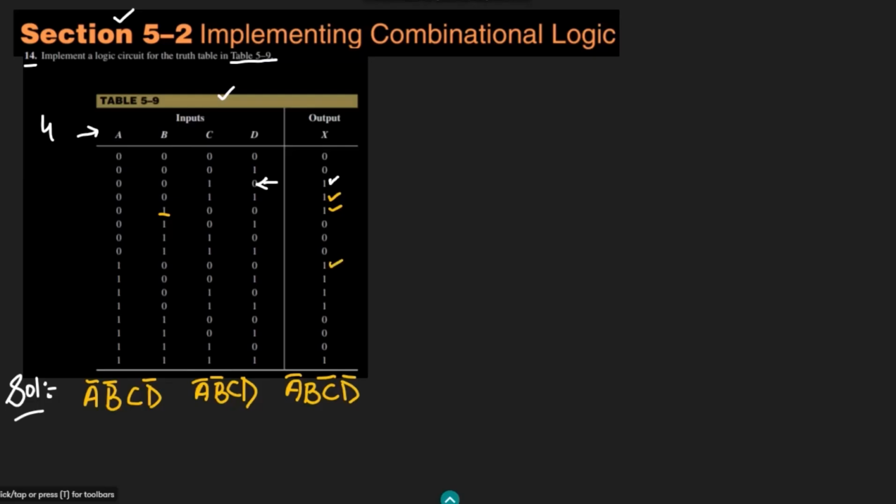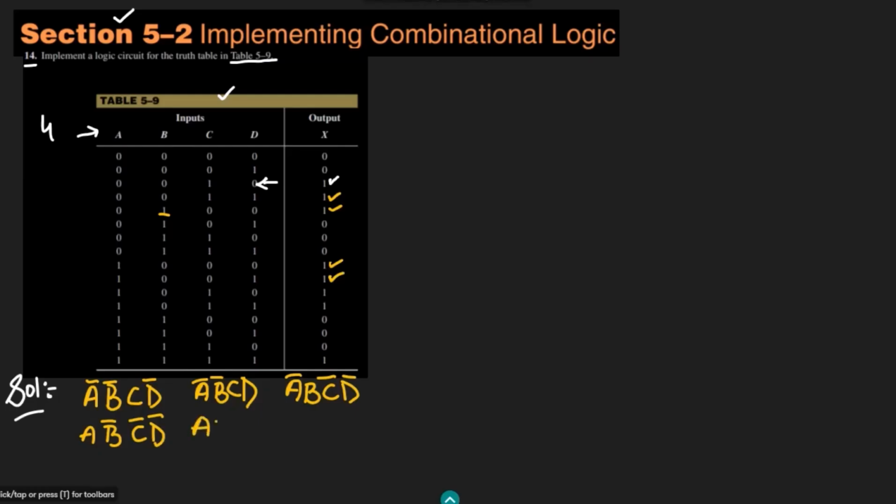Similarly, for the inputs for which the output is 1, here it will be 1 0 0 0, which is A, B complement, C complement, D complement. Similarly this one, 1 0 0 1.